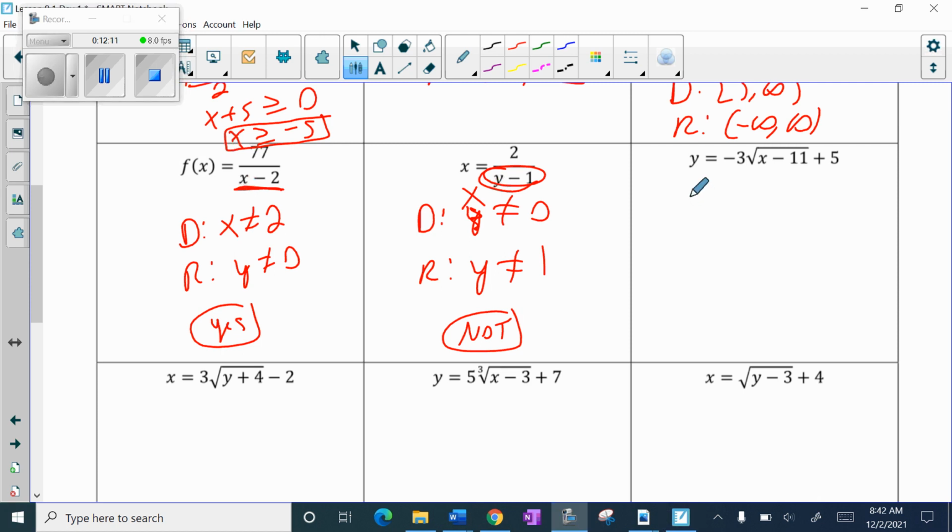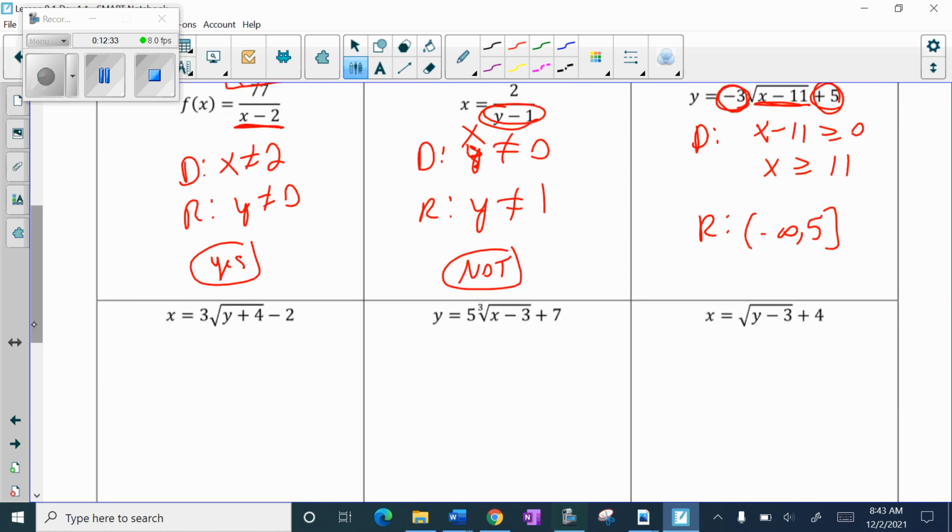Okay, so let's talk about square roots. So in a normal situation, our domain, we're going to get it from here. So x minus 11 has to be greater than or equal to 0. So x is greater than or equal to 11. And then our range, remember this, -infinity to 5.